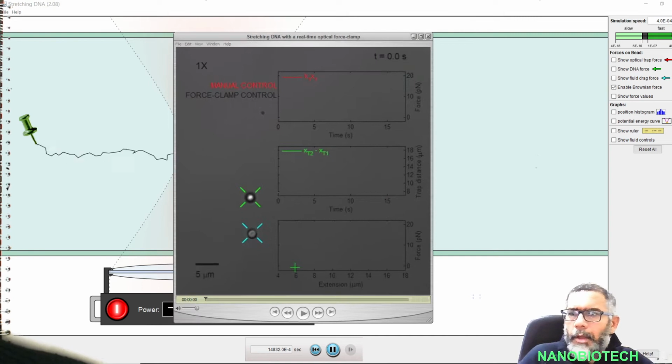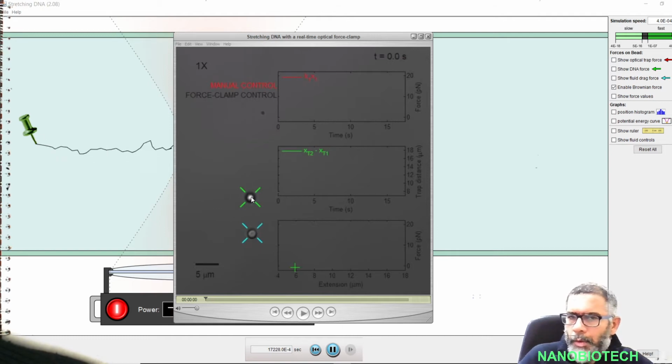Now let me explain this. What you see over here are these two spheres, right? This is in fact a video of a real lab setup where a scientist grabbed these two spheres. One is kept fixed at this position by an optical tweezer.